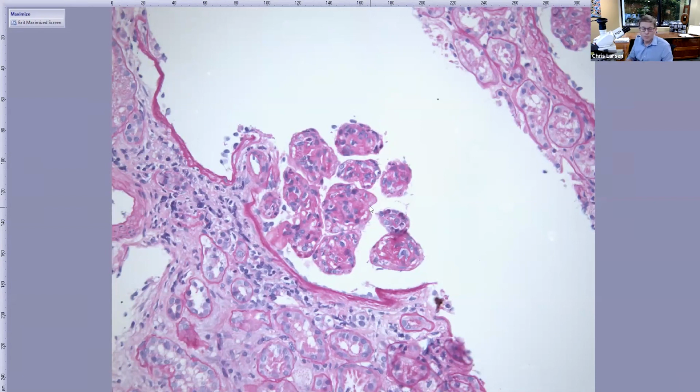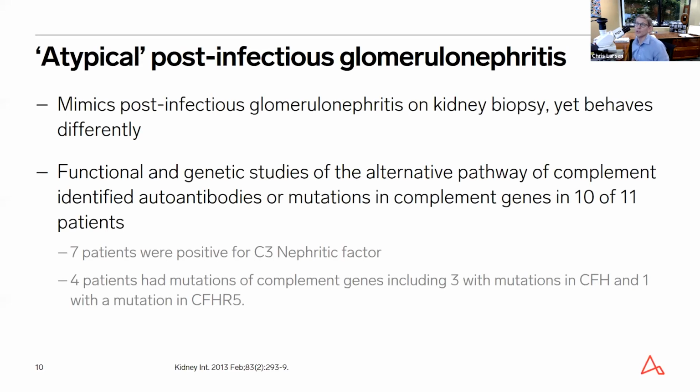Again, membranoproliferative is a buzzword that commonly gets mistaken for a disease. MPGN is not a disease, it's a pattern seen on the biopsy when you have mesangial hypercellularity and glomerular basement membrane duplication. So this is a great example of what's been referred to as an atypical post-infectious glomerulonephritis.